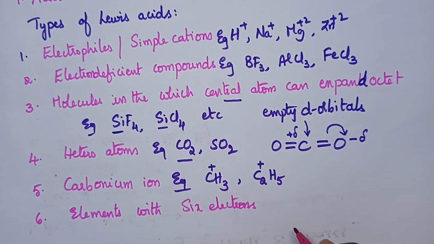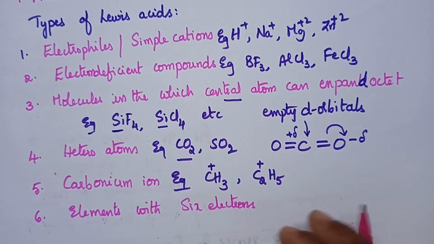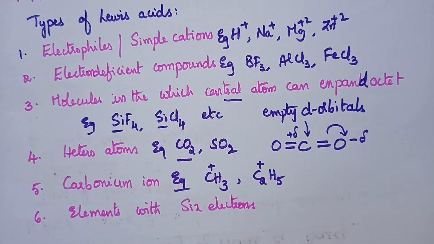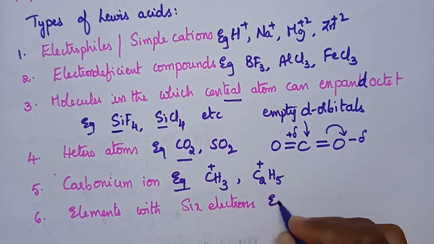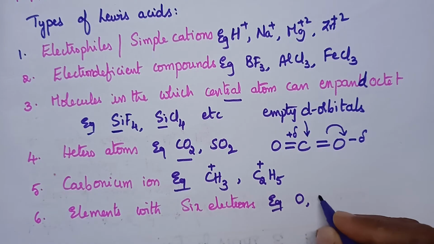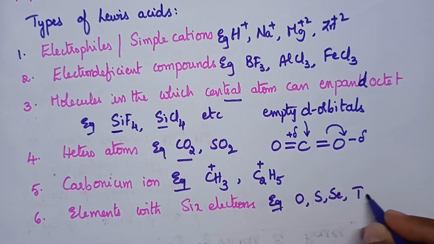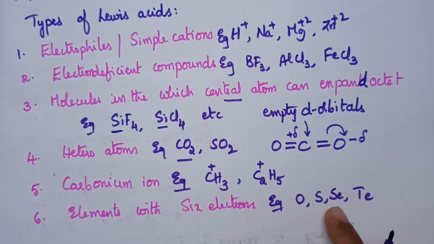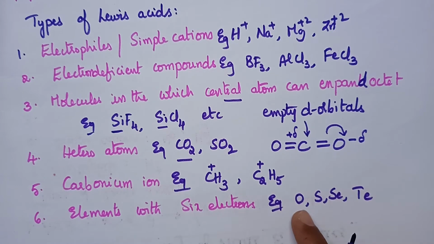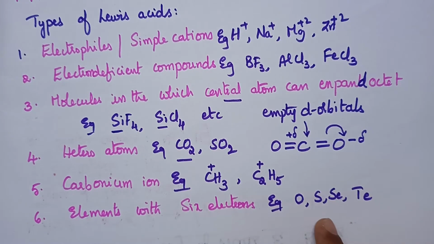They are capable of accepting an electron pair and hence they can act as Lewis acids. The examples are oxygen, sulfur, selenium, tellurium. These elements contain only 6 electrons in the outermost orbit. With the result, they are ready to accept the electron pair and hence they can act as Lewis acids.